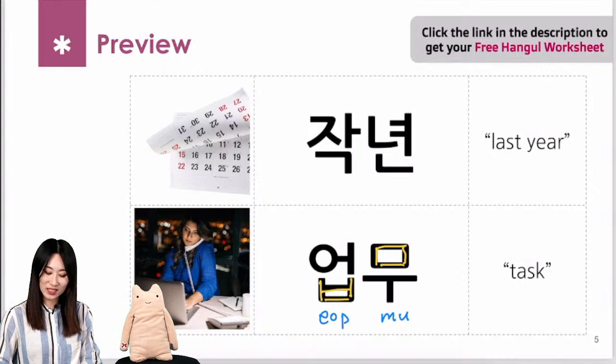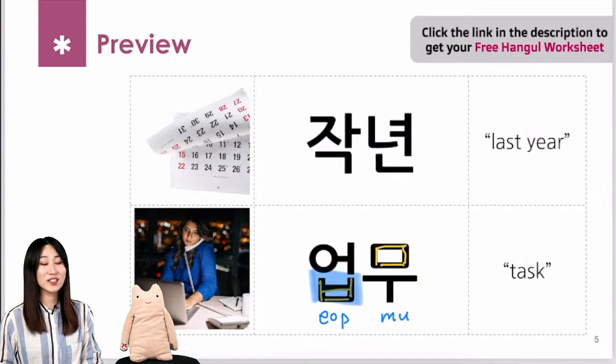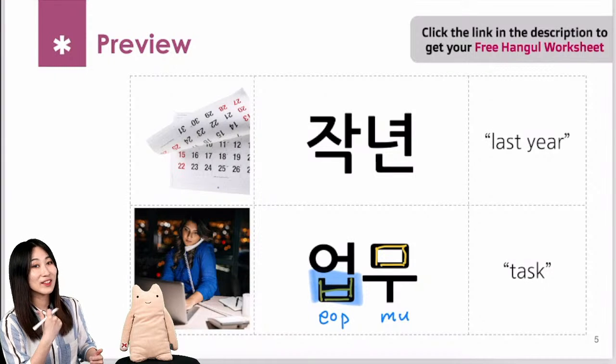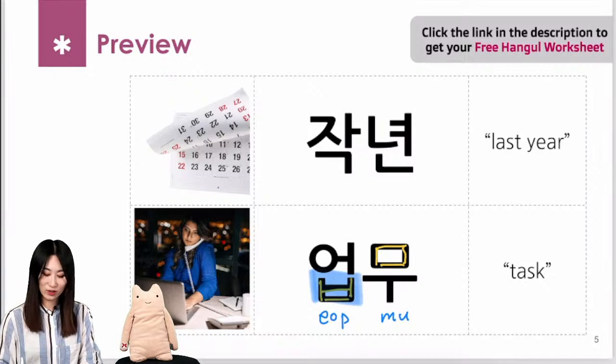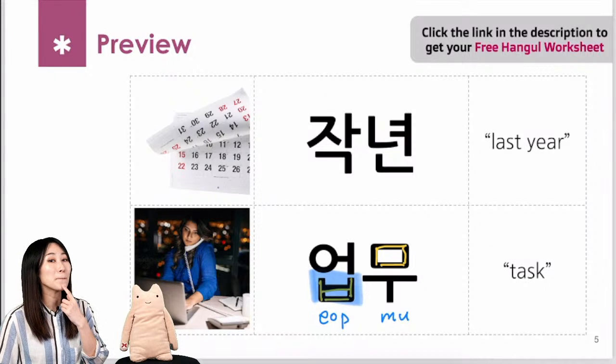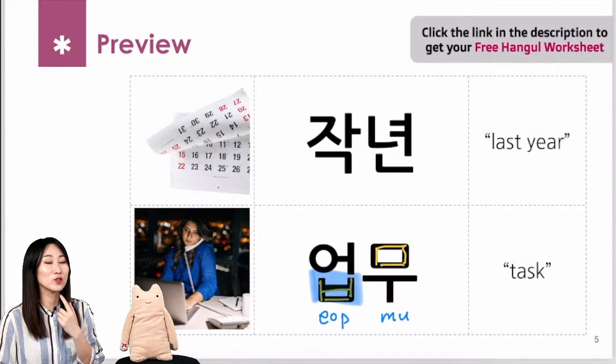So what happens is we change this air blocking sound to the nasal version. Can you guess what the nasal version of this is? Up, up, up. The nasal version is m.